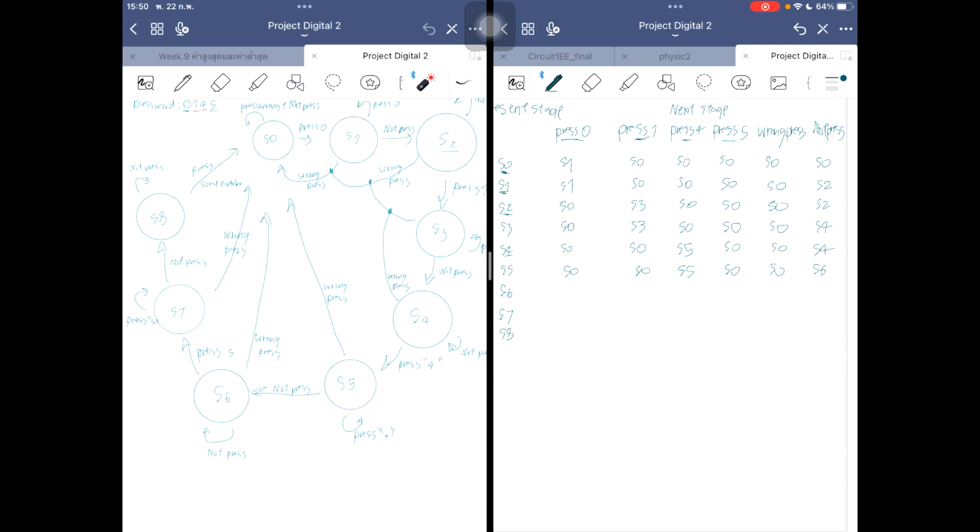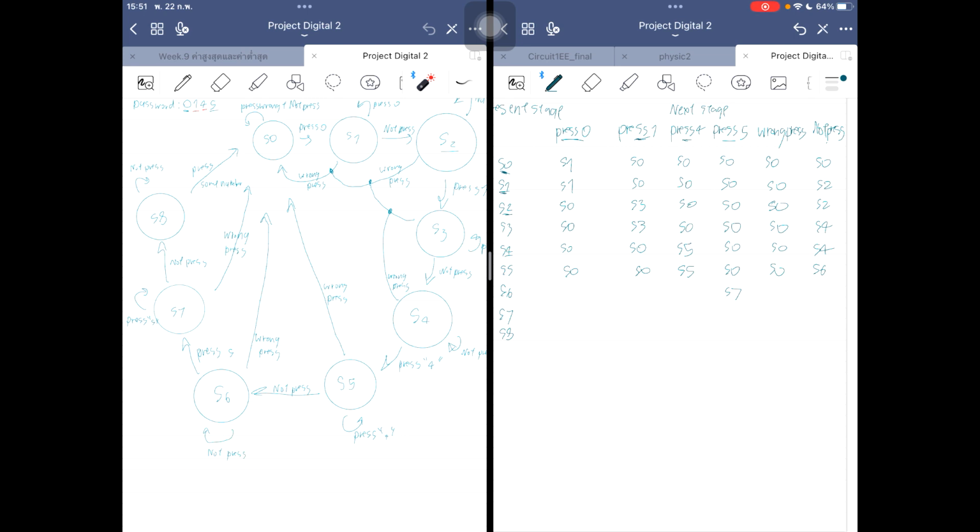In state 6, we want to press 5 and make it go to the state 7. Then go to state 6 and look at the input press 5 and write the result that we want. And another condition is not press.